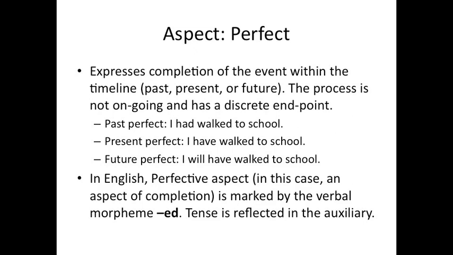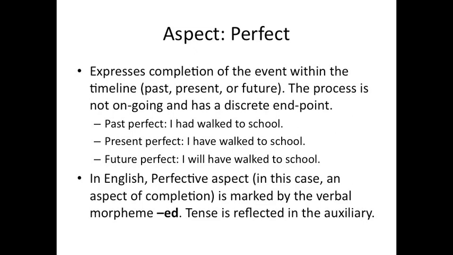So in English, if you notice, the perfective aspect, which has this notion of completion, is marked by the verbal morpheme ed. And then the tense is actually reflected in the auxiliary. So for past perfect, you have the ed, which is going to be associated with the perfect. However, it's only associated with the perfect if you have this auxiliary in front of it. Now, if it's not accompanied by the auxiliary and you're just saying, I walked to school, of course, that's going to be past tense, and it's going to be a simple past.